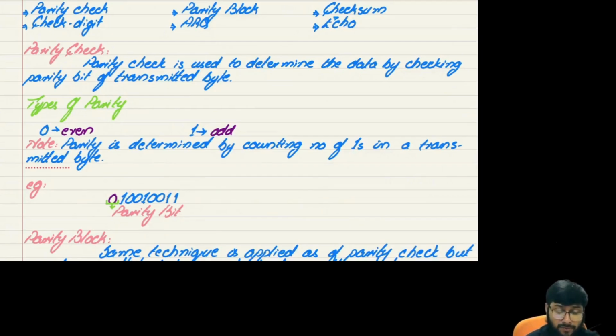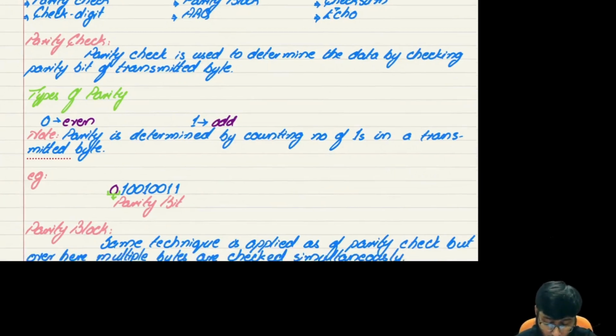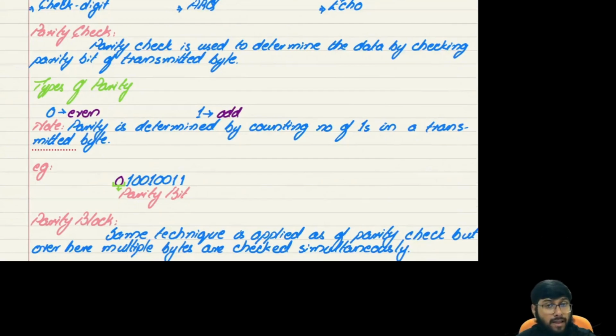This means the parity is fine. But if this were 1, it would be wrong because there is an even number of ones. So make sure you check whether the parity bit is 0. If it's 0, the number of ones should be even. If it is 1, the number of ones in the transmitted byte should be odd. This is how you check with a parity check, and do remember parity check is applied over a byte of data.